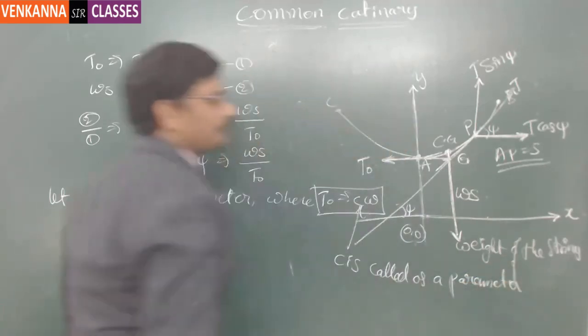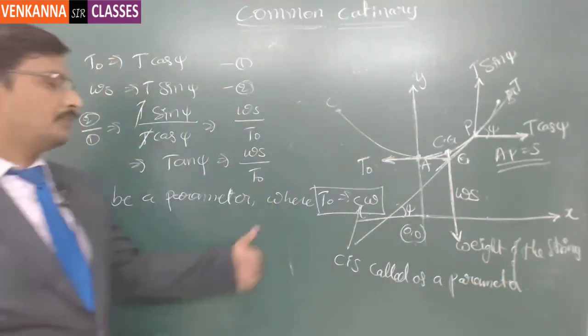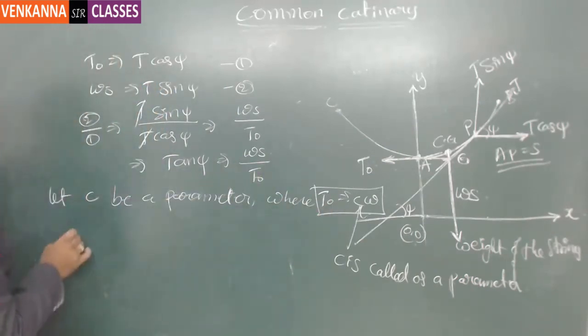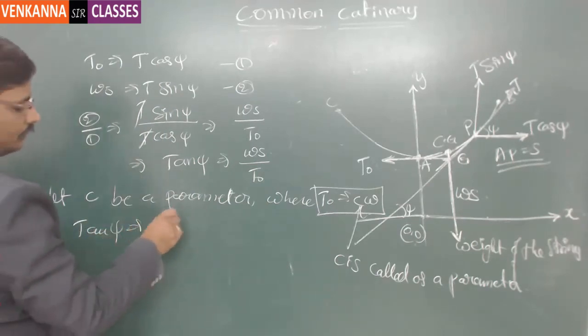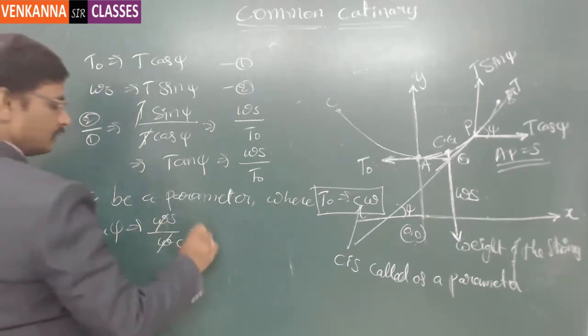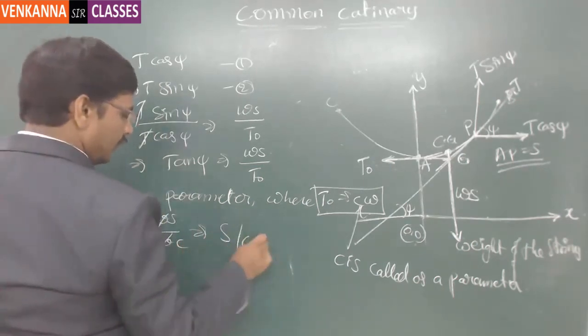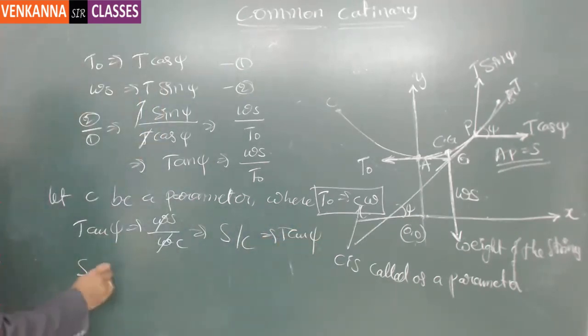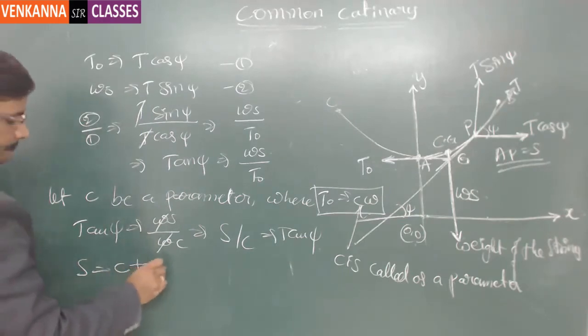It was brought in to make the equation simple, nothing more than that. Now if you replace, tan psi is equal to W into S divided by W into C. So W will cancel out, and S by C is equal to tan psi, or S is equal to C tan psi.